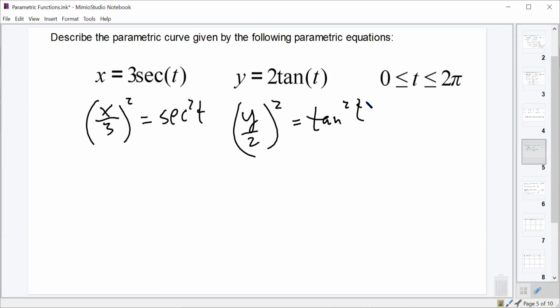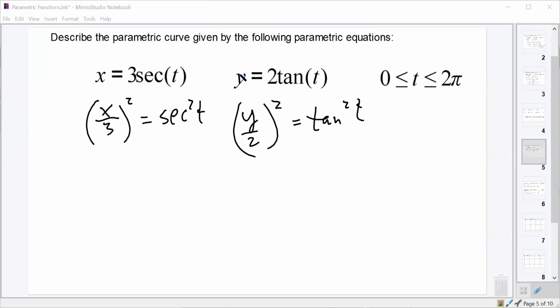And then rather than add them together this time, because adding secant squared t plus tangent squared t doesn't really give us anything, what's the Pythagorean trig identity that involves secant and tangent, or secant squared and tangent squared? Yeah, 1 plus tangent squared equals secant squared, right?